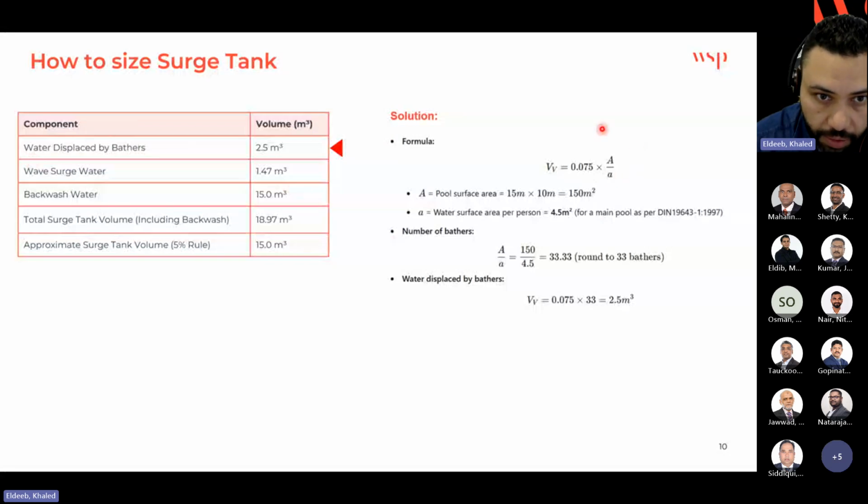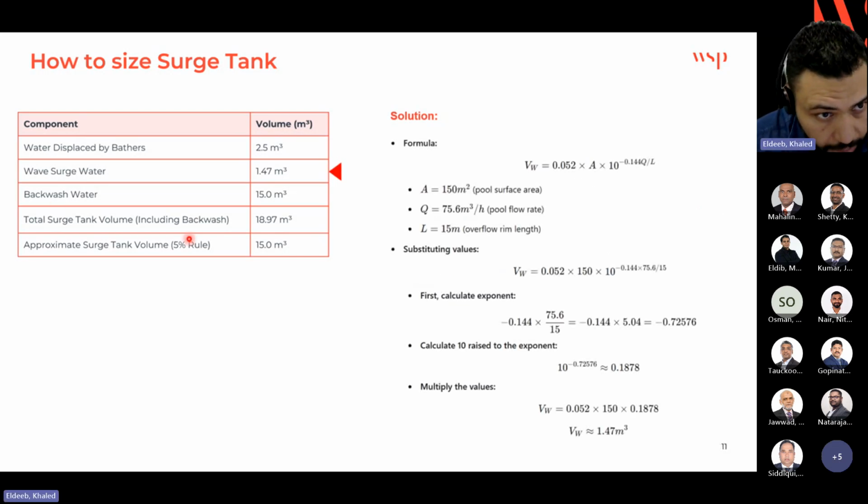We have the equation here: 75 liters per person times the number of swimmers, which we calculate based on the area of the pool and 4.5 square meters, the area for every individual. The total comes to around 2.5 cubic meters. This is the number that we get.